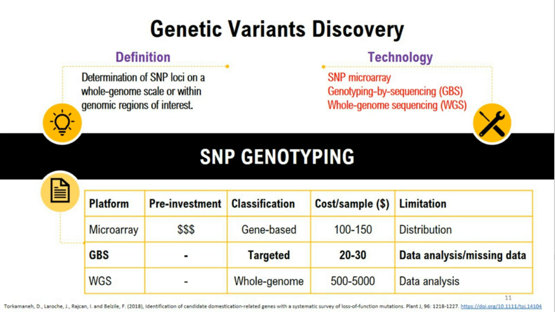At the end, we have the whole genome sequencing approach, where again there is no need for pre-investment. We sequence the entire genome. The cost ranges between 500 and 5,000 based on the genome size and the species. And the limitation is, again, the cost, data analysis, and sometimes it's not necessary.